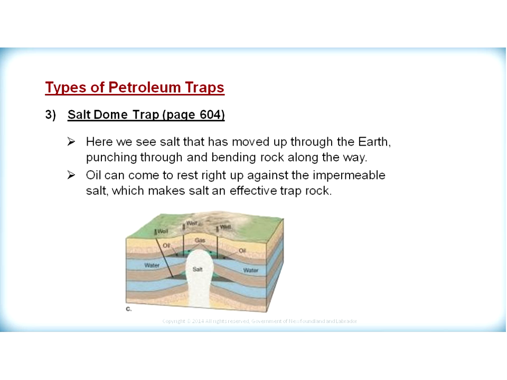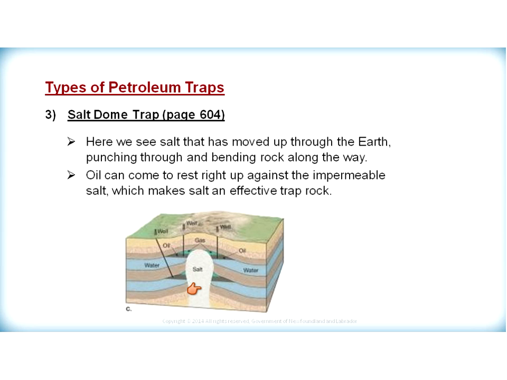The third type of petroleum trap is the salt dome trap. Here we see the salt that has moved upward through the earth, punching through and bending rock layers on the way to the surface. Oil can come to rest right up against the impermeable salt, which makes the salt an effective trap.